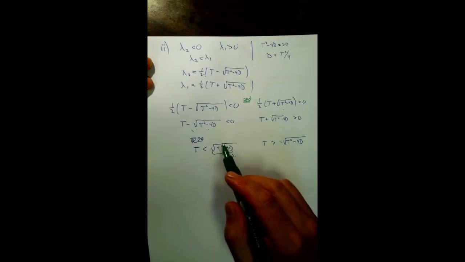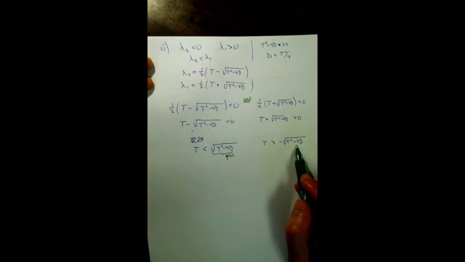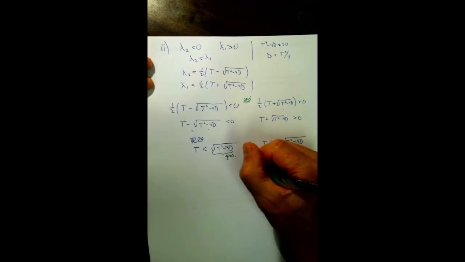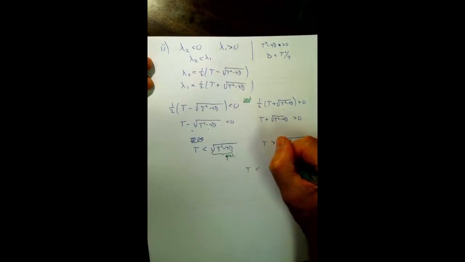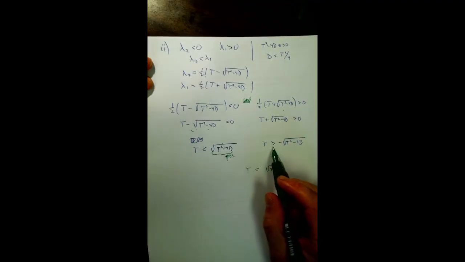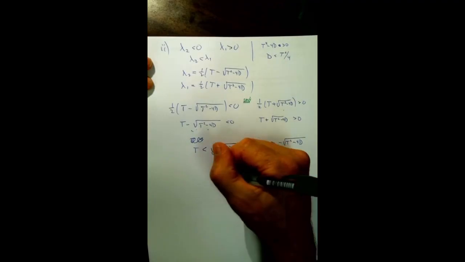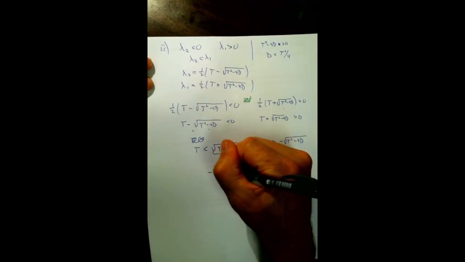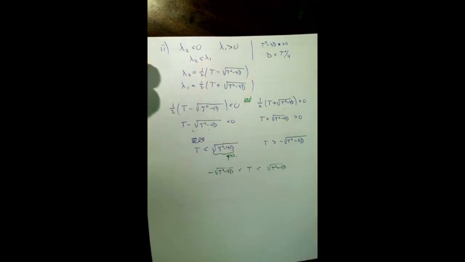This quantity is the same thing as this, but here it's negative. So this says t is less than square root of t squared minus 4d. This is t has to be greater than the negative of that.